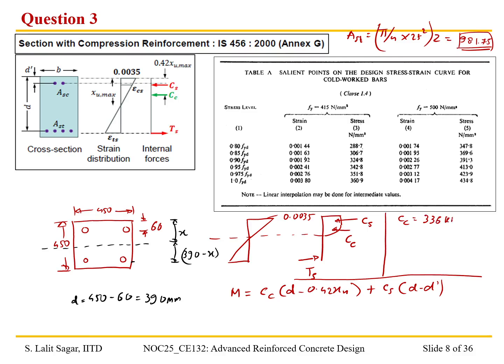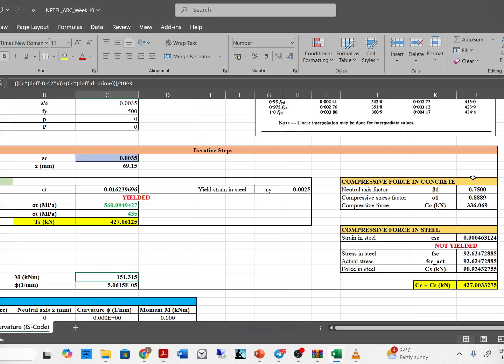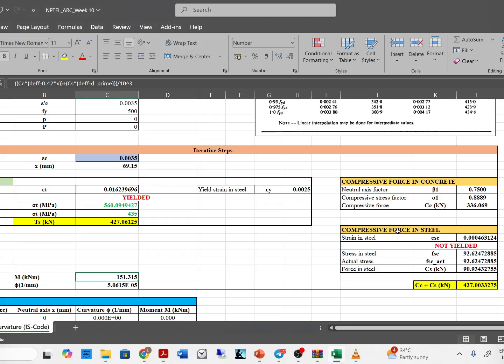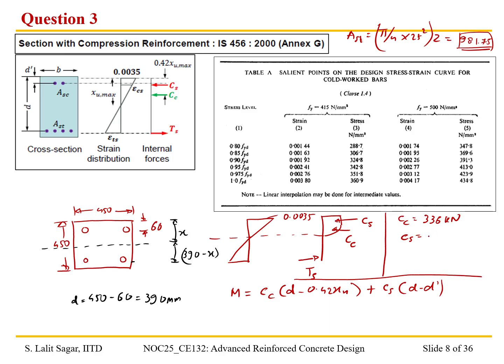336 kilonewton, right? And we have Cs, the compressive force in the steel reinforcement in the compression region. So that is 90.9 kilonewton.